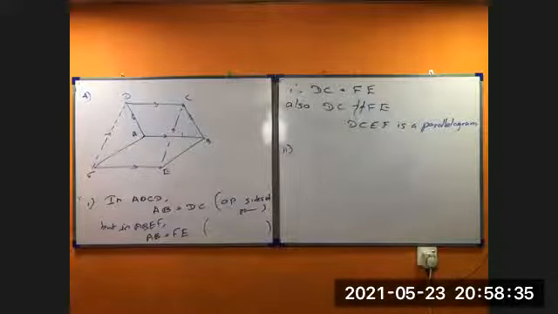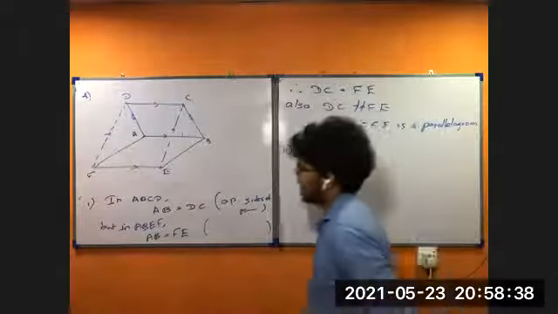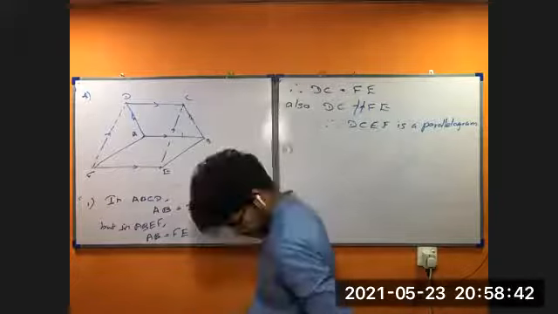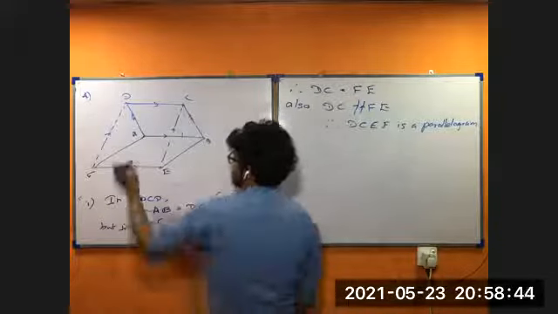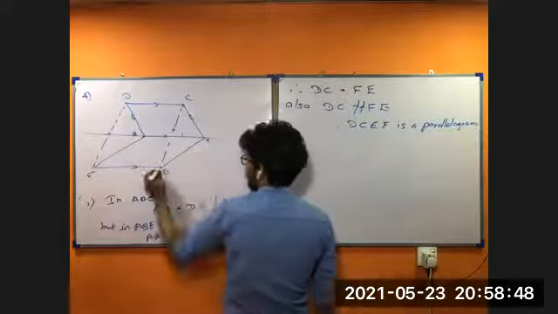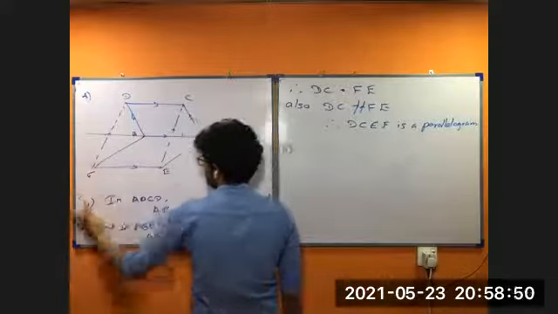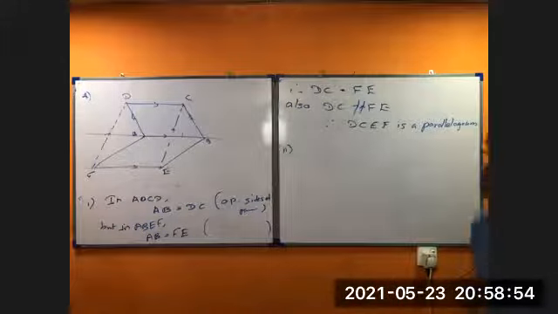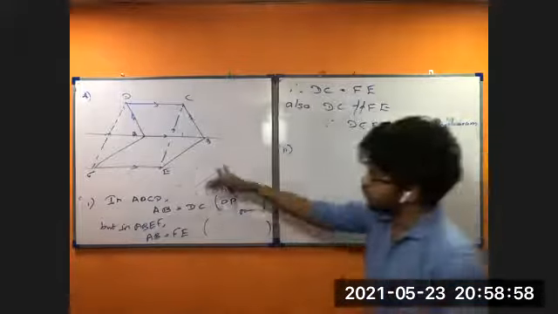So what should we do? Let me just extend this line, and this line also, if you want. Now you can easily see, right? Here we have two parallel lines.